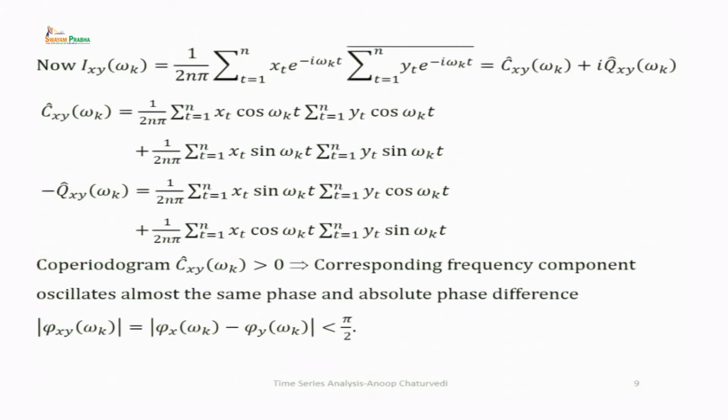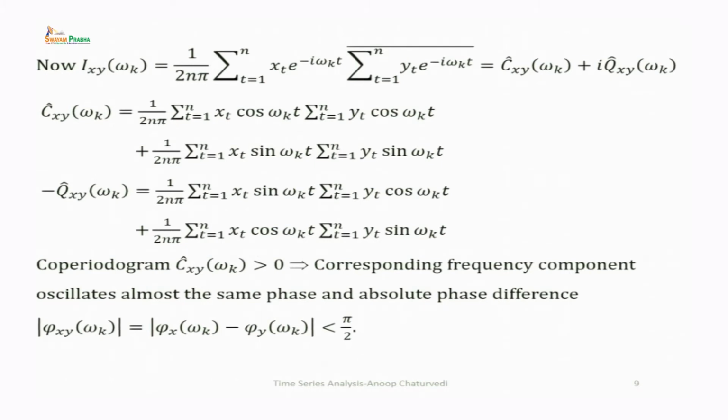Now, I_xy(ω_k) is equal to 1 upon 2nπ, summation over t of x_t e^(-iω_k t), into the complex conjugate of summation over t of y_t e^(-iω_k t), and you write it equal to ĉ_xy(ω_k) plus i q̂_xy(ω_k).